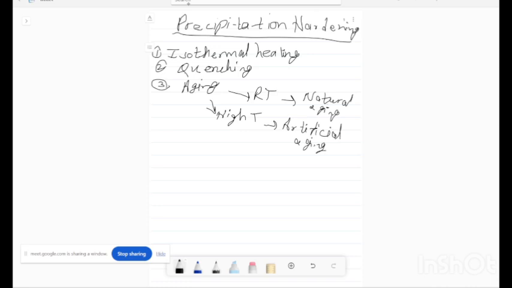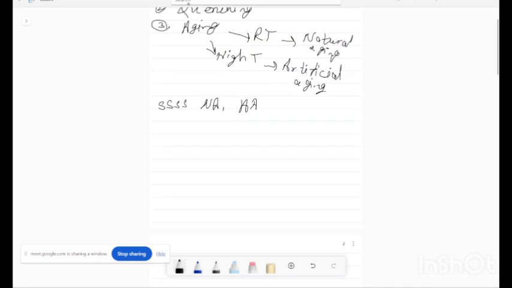So how can we recognize whether an aluminum alloy is a supersaturated solid solution, natural aged, or artificial aged? For that, one designation is used for the tempering process to identify the processing of that specific alloy.